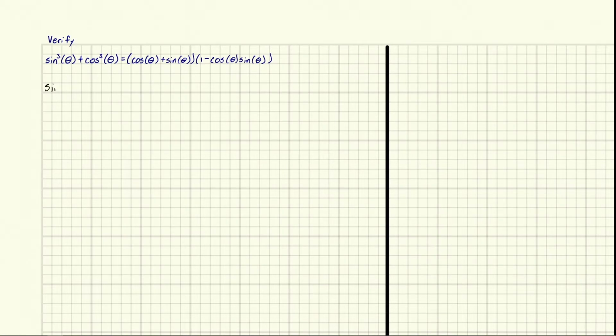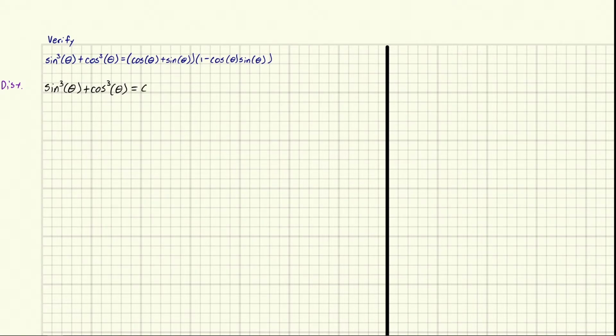So we are going to not touch the left-hand side. And we've got cosine cubed theta. So over here, well, the first step appears to be multiplying. Let's go ahead and distribute. So let's write that out. Distribute. That's going to be our justification on this line.